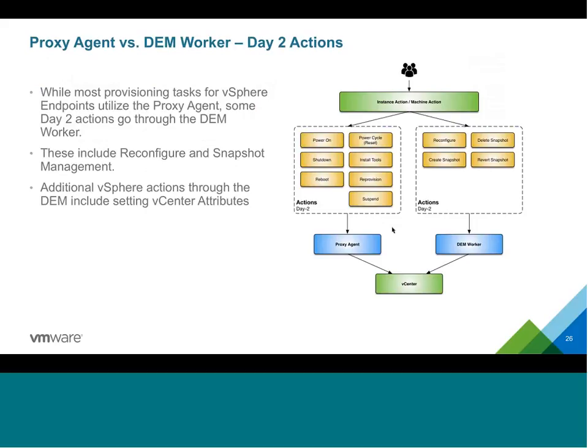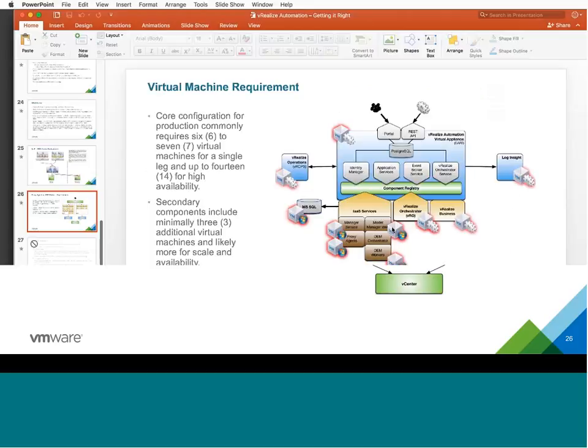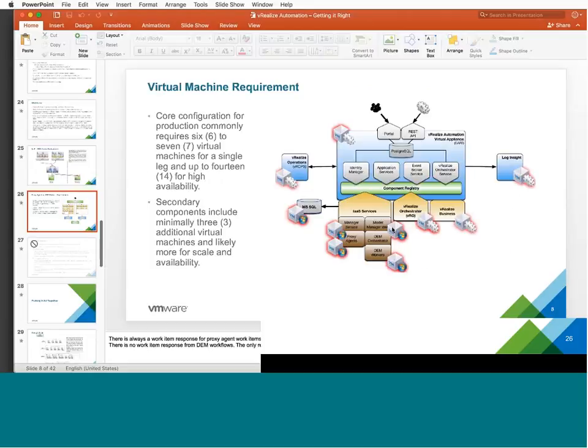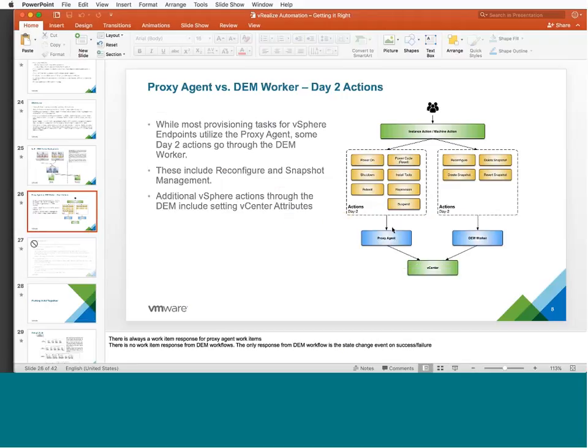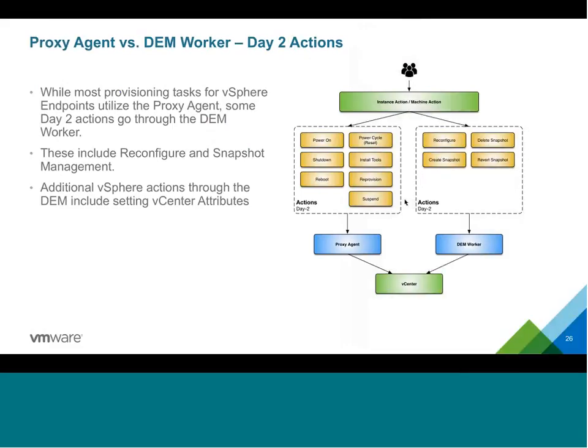And one point to note here is that proxy agents always give a response back to the manager with the result of that particular workflow run. But DEM workers never give you a response back. That's another major difference between these two.